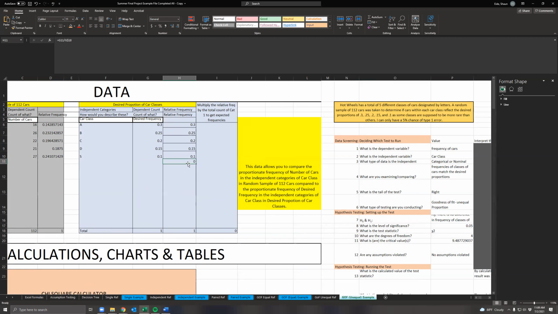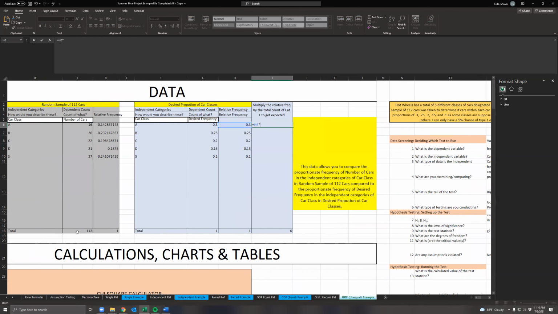And what that did for me is it gave me the relative frequency, which is in this case the exact same thing as the desired frequency. Okay. Next, multiply the relative frequency by the total in the category 1. So we're going to do equals, multiply this relative frequency multiplied by the total number of cars in category 1. So we're going to bring that right over here. Okay. And we're going to put the dollar sign. And we're going to drag it down.